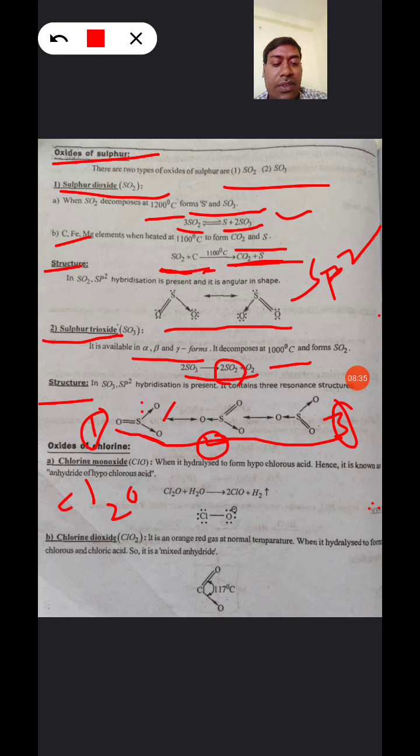So this is the reaction of chlorine monoxide undergoing hydrolysis to form hypochlorous acid.